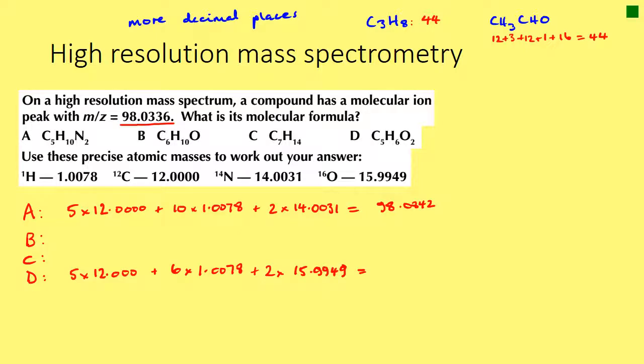Right, when you do that calculation, you come out with exactly the answer we need. So it's 98.0336. And so you know that this compound that we had in the high resolution mass spectrometer is D. And so there you have it.